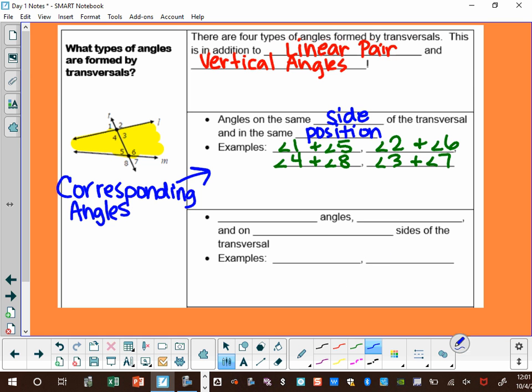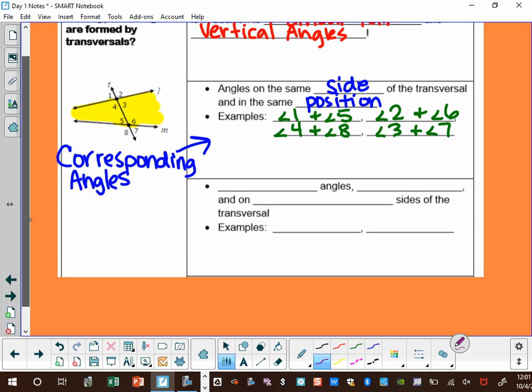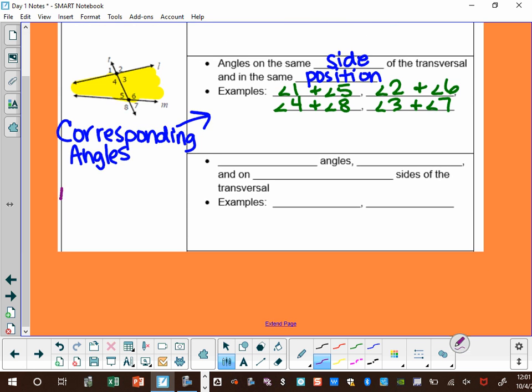All right, the next one is alternate interior. Write that right beside the next box. Alternate interior angles.